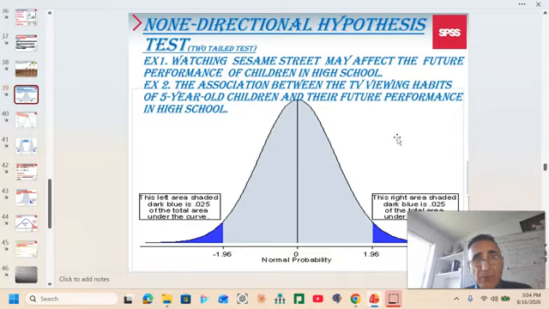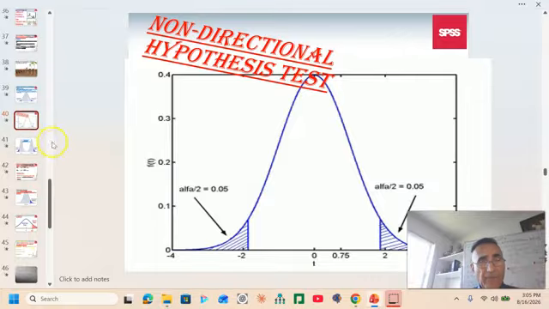I can't tell you to use directional or non-directional. It's your topic, but you should know whether it's directional or non-directional. When you're not pointing to the increase or decrease, or low or high, then it's non-directional. But if you do, then it's directional. So if you have any question, please let me know. Just email me and I will respond.